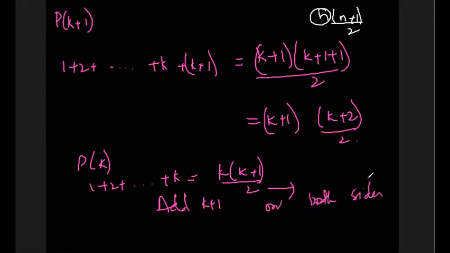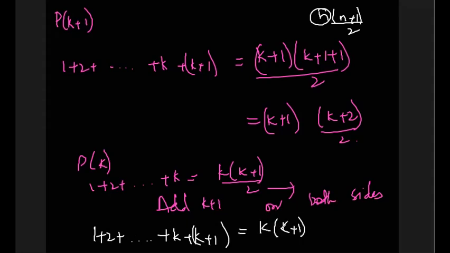So once we add k plus 1, this can be written as 1 plus 2 plus and so on up to k plus 1 is equal to k into k plus 1 by 2 plus k plus 1.